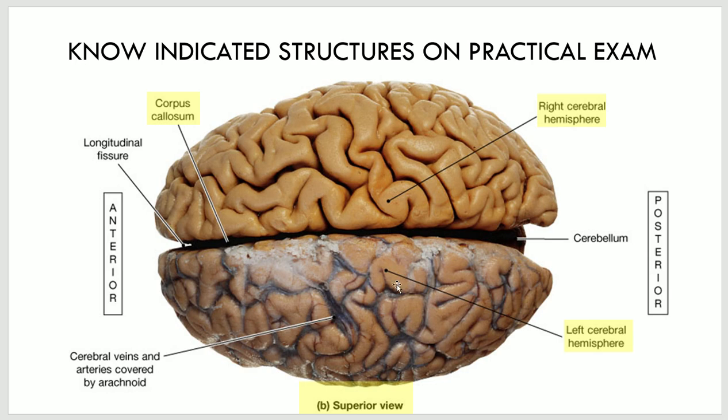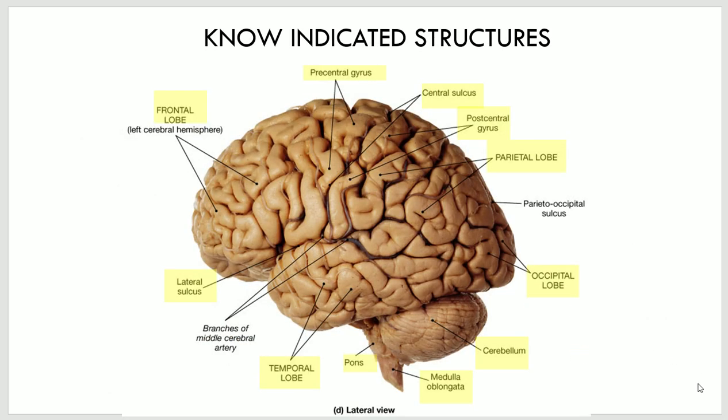The left side over here shows that arachnoid mater, so cerebral veins and arteries covered by arachnoid mater. Here they've removed it again for learning purposes so you can really see the grooves and divots. Okay. These bumps are called gyrus. The grooves are called sulcus. So we'll talk about that in a second.